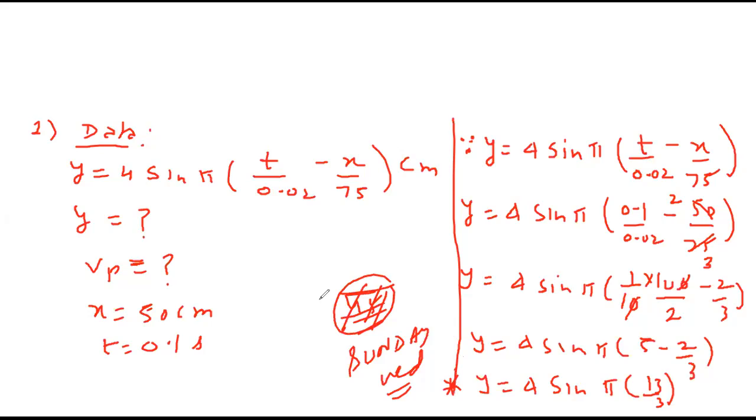Completed? Two seconds, sir. Completed. So 13 upon 3 pi, we cannot simplify that fast, but had it been given in this form, 90 plus something, 180 plus something, 360 plus something, or minus something, I know something. So I'm converting in degree rather than keeping in pi.